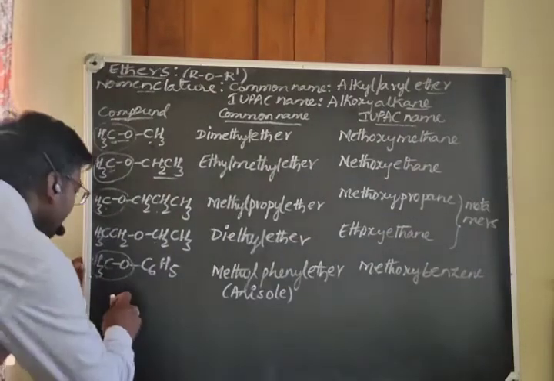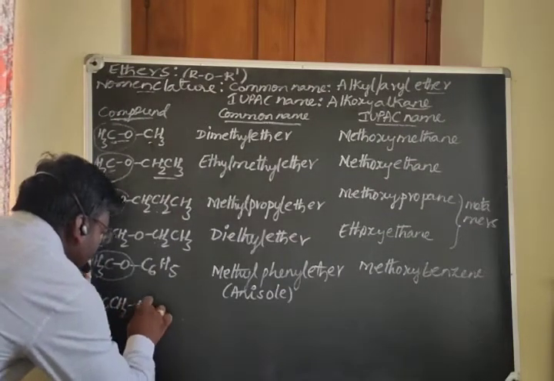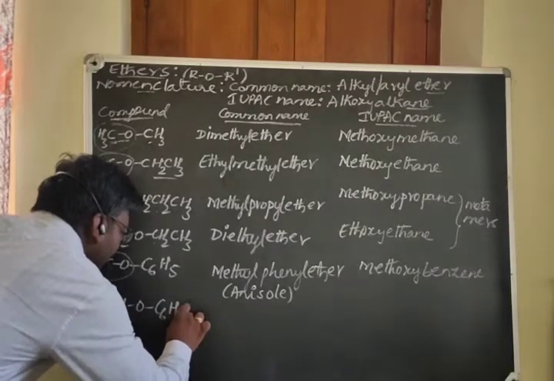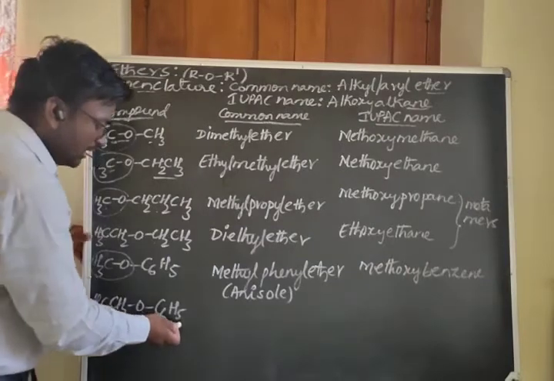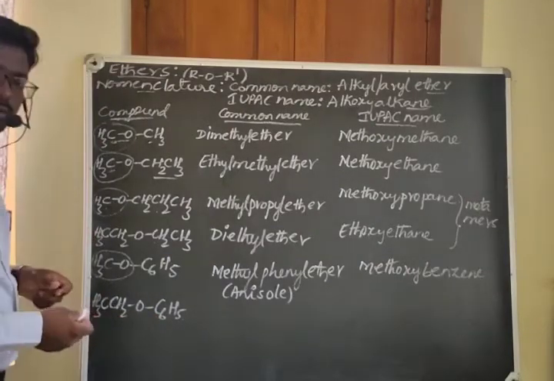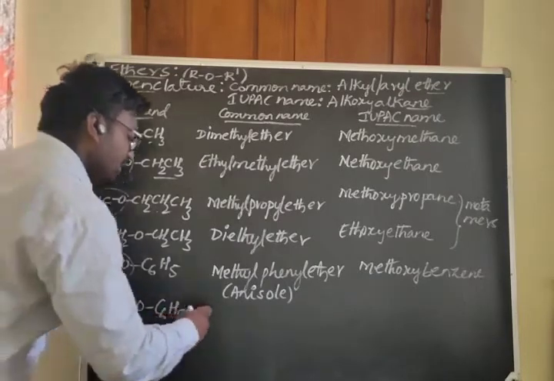Come to another compound, that is CH3CH2OC6H5. Here you can see that the ethyl part is here and the phenyl part is here. So when you go alphabetically, E of ethyl comes first: ethyl phenyl ether.